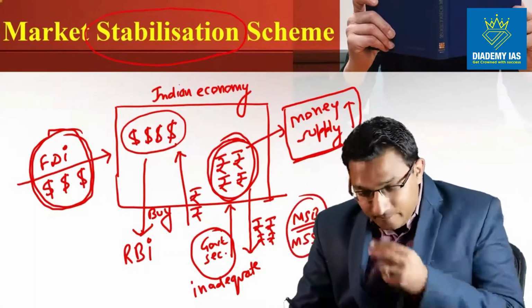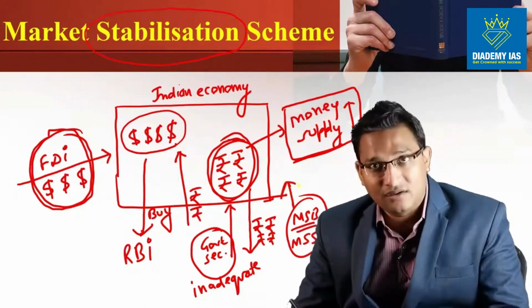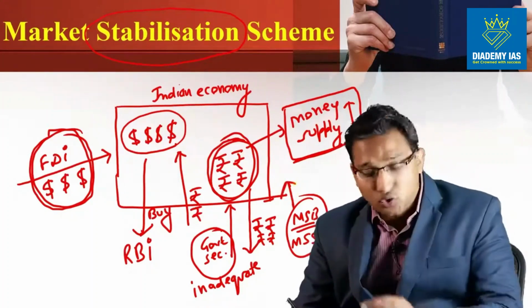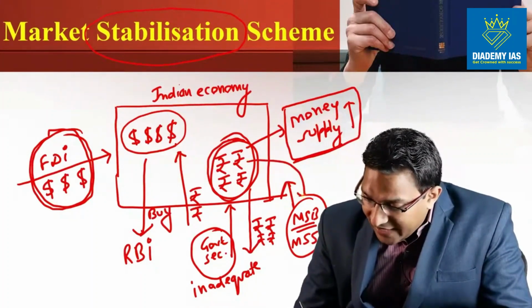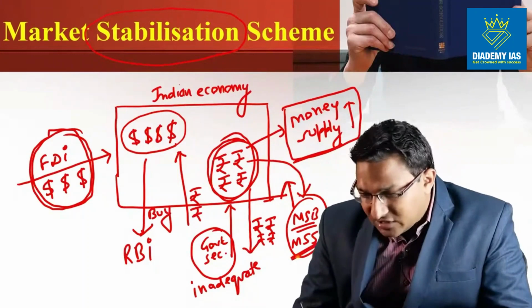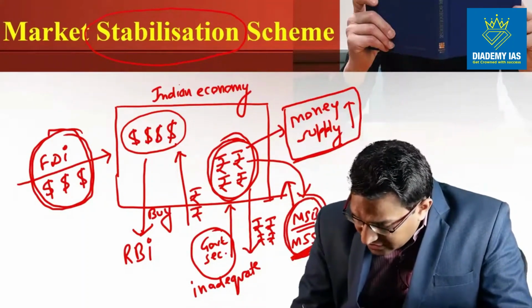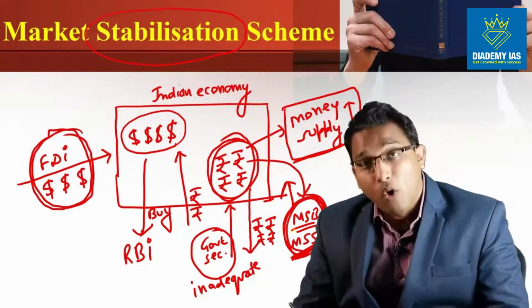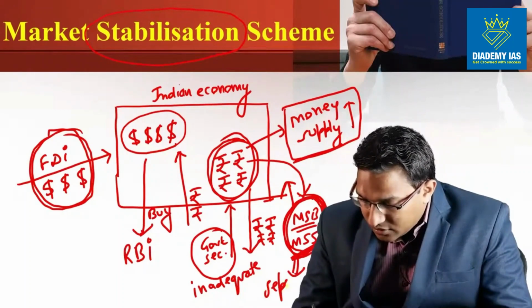RBI issues this special bond on behalf of the government and brings this extra money back to itself. The money received in exchange for the bond is kept in a separate account.